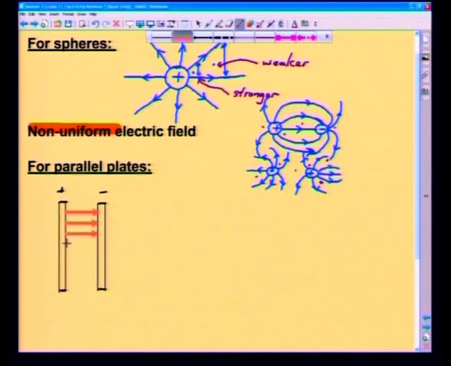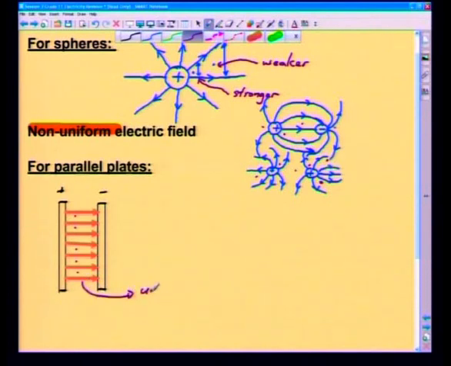Now, for us to make sure that we're indicating uniform field, the distance between the field lines should be the same. I'm trying hard to do it in such a way that the distance between the field lines is the same. So the distance between the lines here is the same, and because of that we have what we call uniform field between the plates, between parallel plates. We have uniform field, and that's for parallel plates.